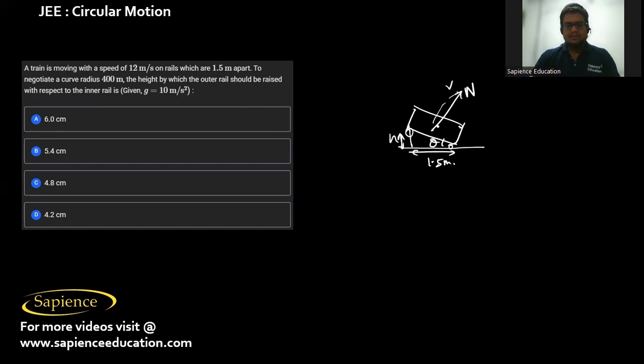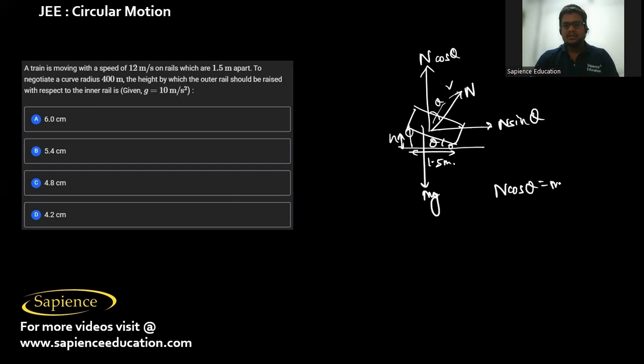There is no friction. We have to assume that, since it is not told anything. So this is mg, and this way it will be N cos theta. This will be theta, this will be 90 minus theta. So this way it will be N sin theta. So from here you can say N cos theta will be equal to mg and N sin theta will be equal to mv square by r, where r is the radius of the curve.